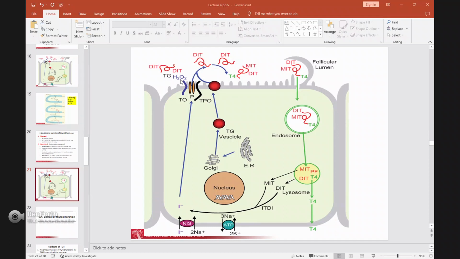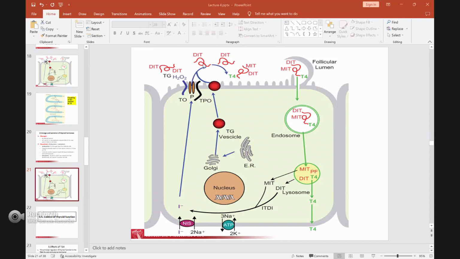It can easily attach to the thyroglobulin. Now we have reactive iodine and thyroglobulin inside the lumen or colloid. Then another enzyme, TPO, the thyroperoxidase enzyme, catalyzes the attachment of this iodine to the thyroglobulin.